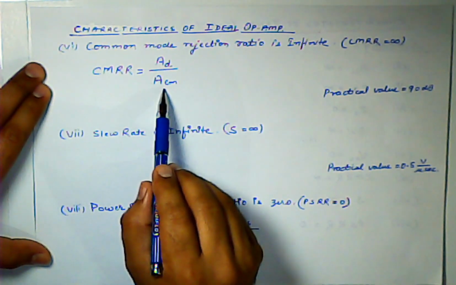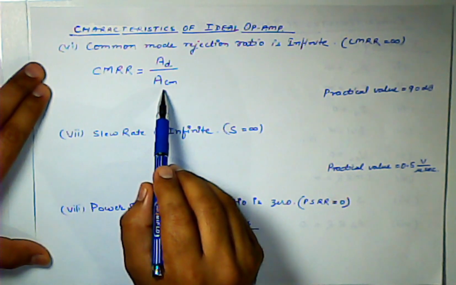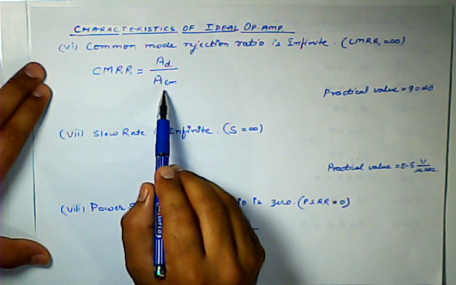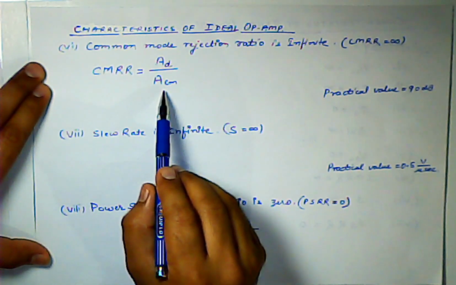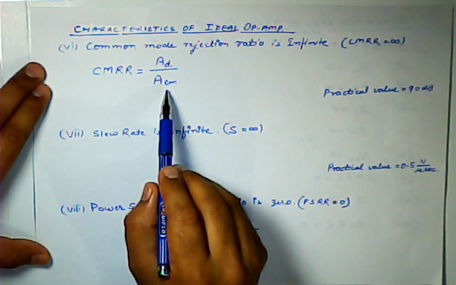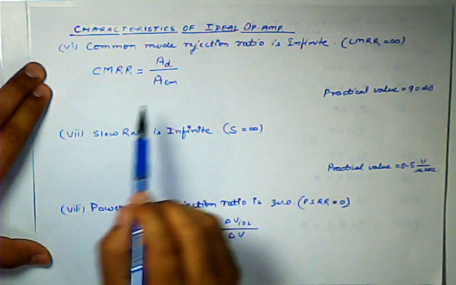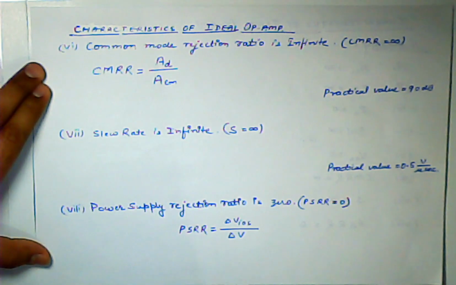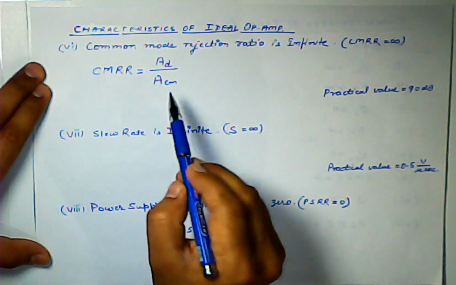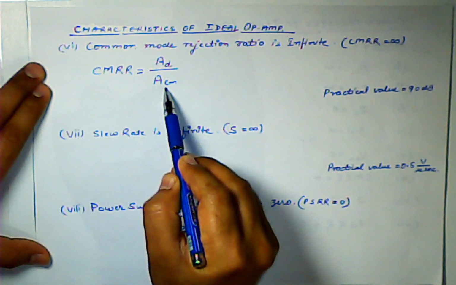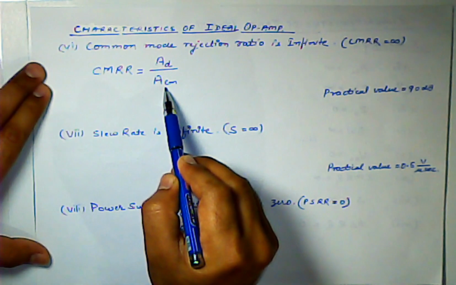What is common mode gain? Common mode gain is the gain we get when applying two similar, equal voltages at the input side.